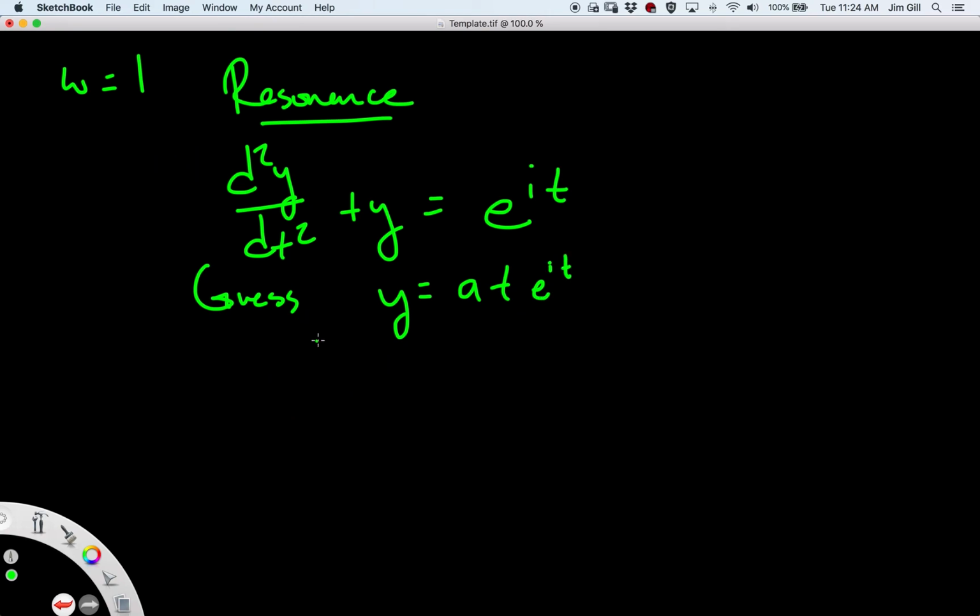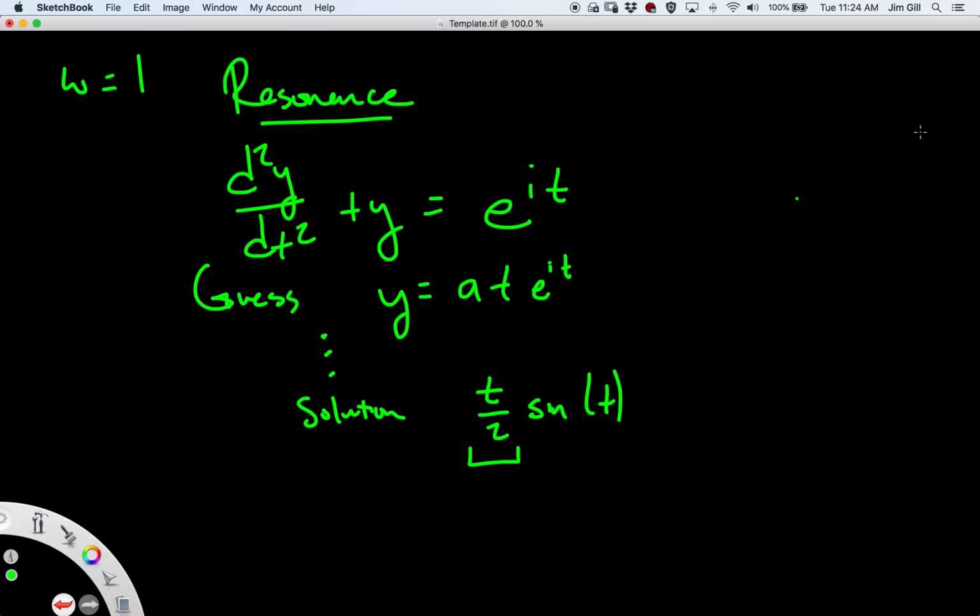When we do that and go through the steps, which I'm going to suppress here, we get a solution of t over 2 times sine t. So our solution has this t not just in the sine or cosine, but on the outside too.